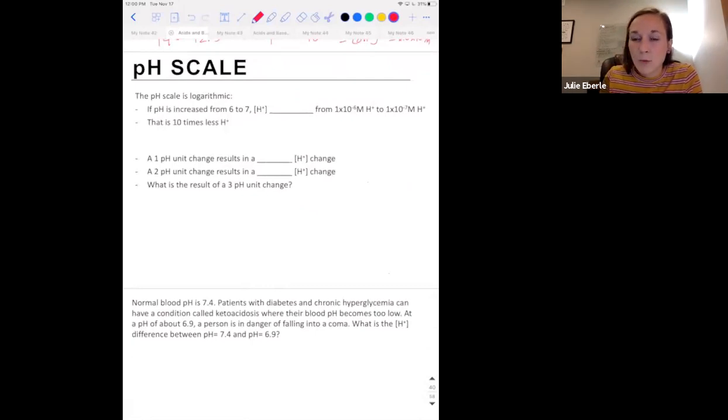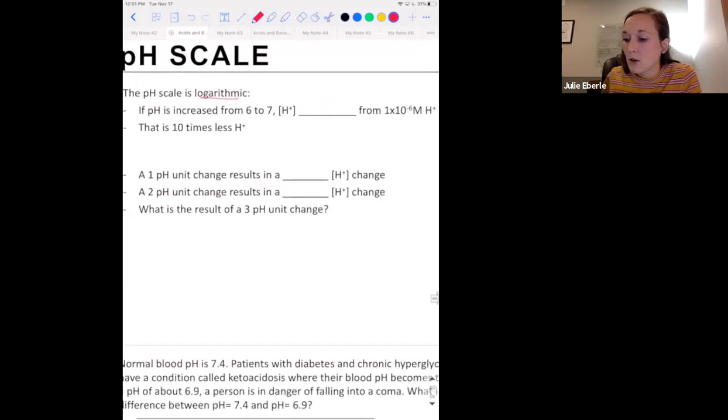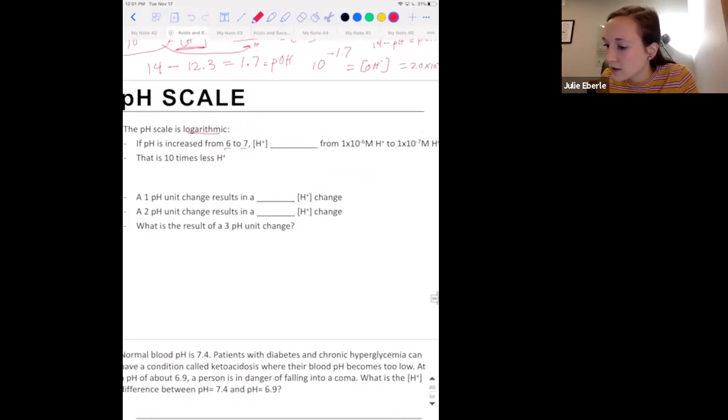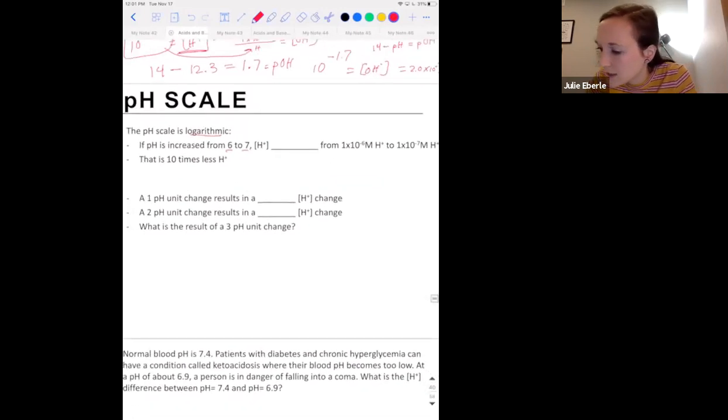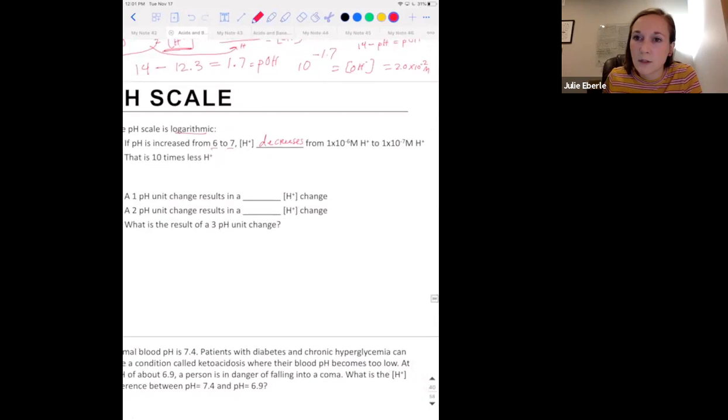I'm going to bring up one more idea about the pH scale to help you understand it fully. pH is logarithmic. Okay, we said that. What does that mean? Well, if pH is increased from 6 to 7, how does that affect my H plus concentration? H plus concentration decreases from 1 times 10 to the minus 6 to 1 times 10 to the minus 7.